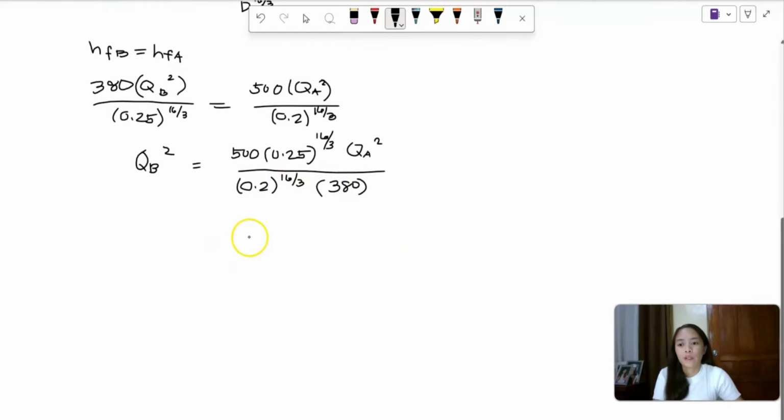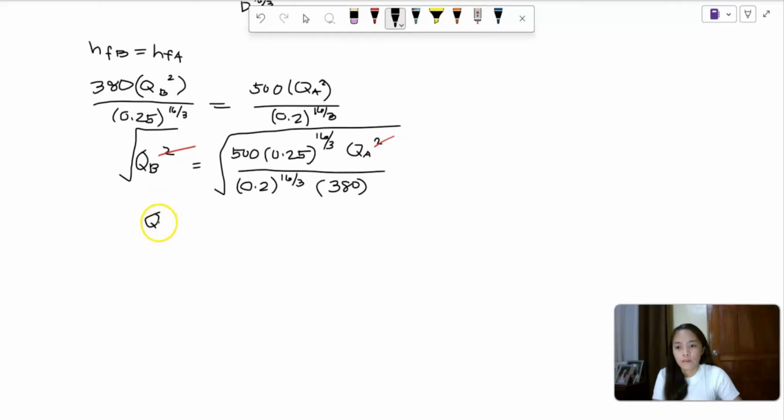So here we will apply square root for us to cancel the squared. We already have Q sub B in terms of Q sub A. If we input this in the calculator, we can get 2.0798 Q sub A. This is the value of Q sub B.